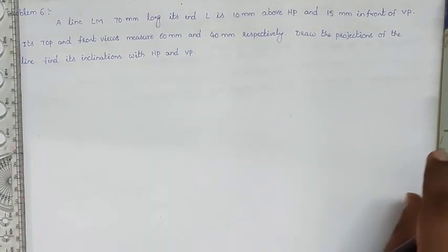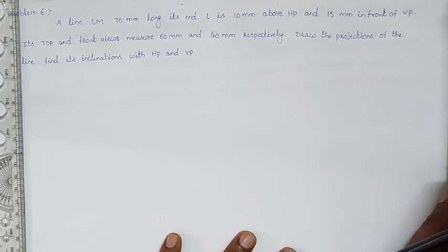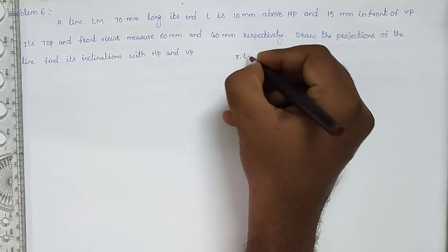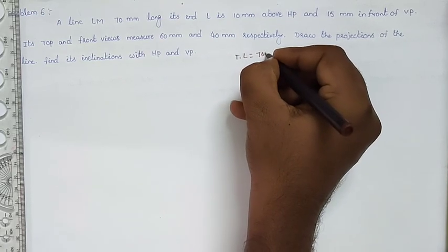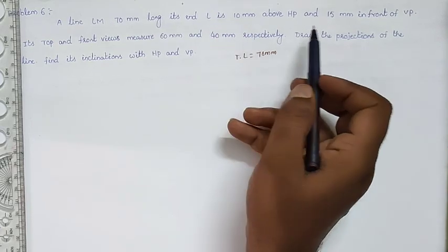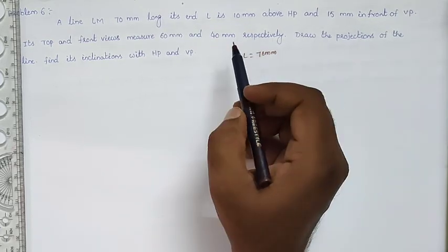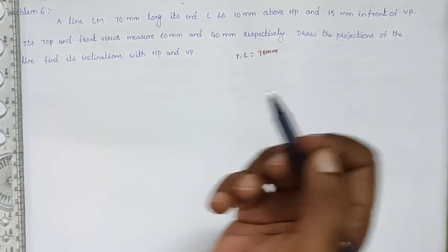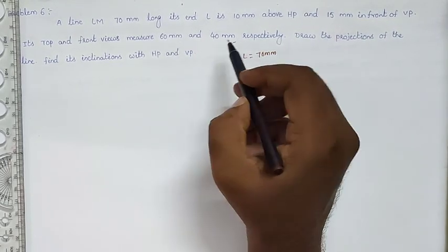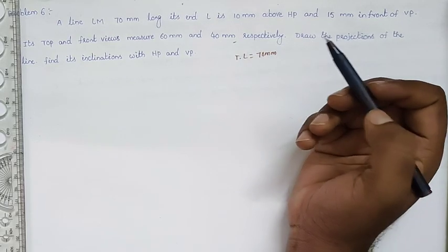A line AB 70 mm long, that means they are giving the true length of the line as 70 mm, and end L is 10 mm above HP and 15 mm in front of the VP, and its top view and front view measures: top view measures 60 and front view measures 40 mm.